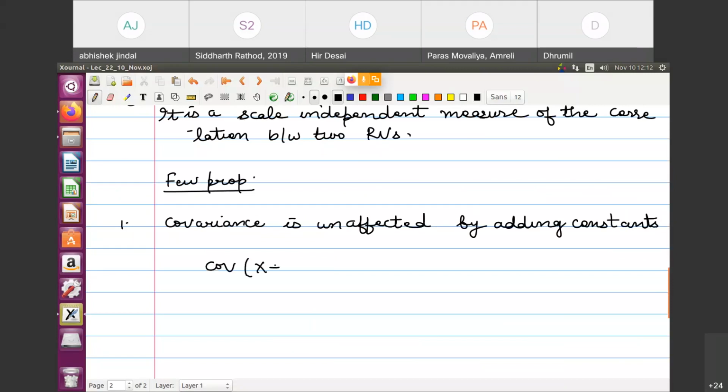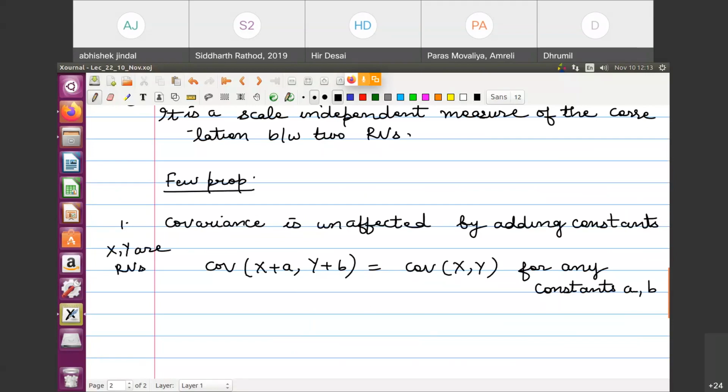The covariance of x plus a and y plus b, where x and y are two random variables and a and b are two scalars, is the same as the covariance of x comma y, for any constants a comma b.